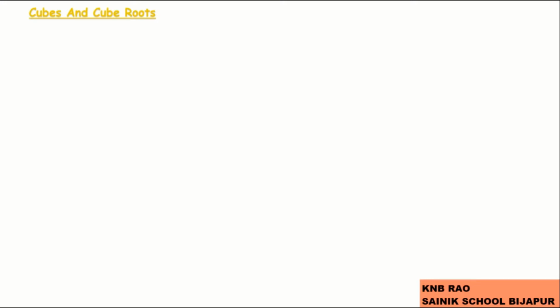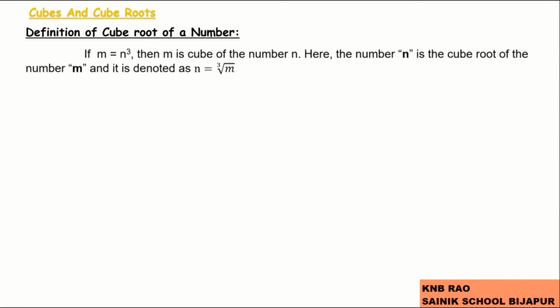First, students, yesterday we learned the definition of the cube root of a number. So we will revise it first. The cube root of a number can be defined easily using the mathematical expression m equal to n cube. Here we call m the cube of n, and that number n is called the cube root of the number m, and it is denoted this way.